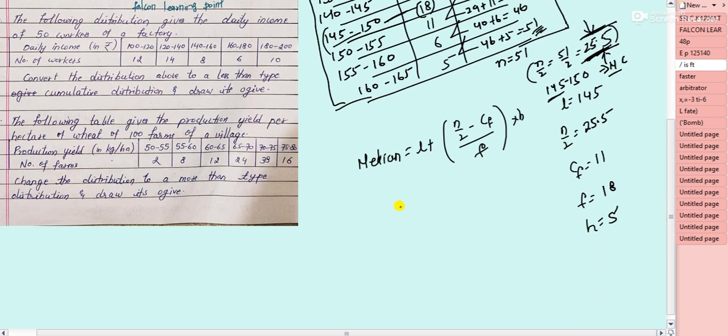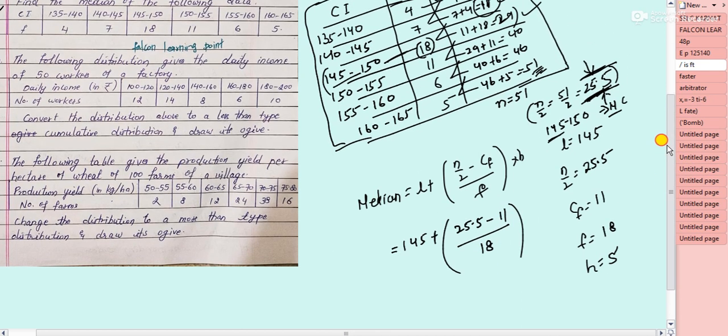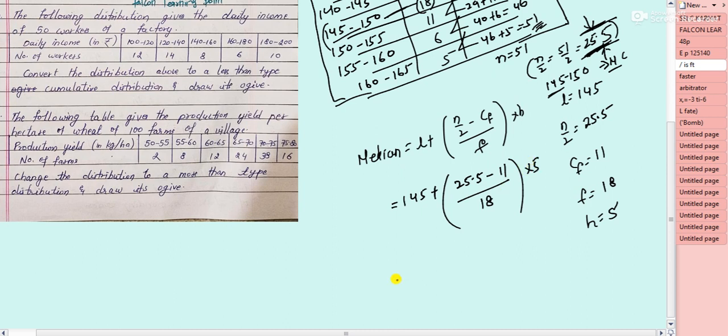Now just substitute. Median is L, 145, plus (n by 2, which is 25.5, minus CF, which is 11) divided by F, which is 18, into H, which is 5. So 25.5 minus 11 is 14.5, into 5 by 18.